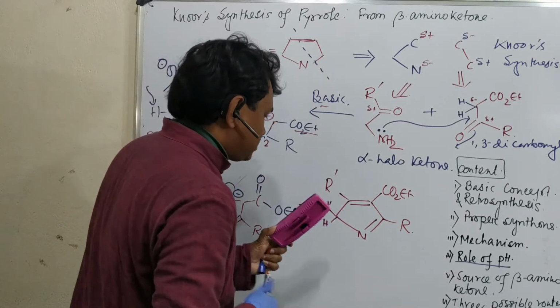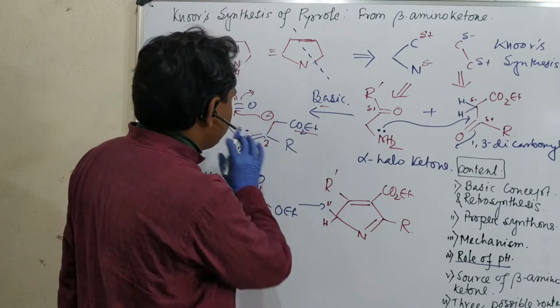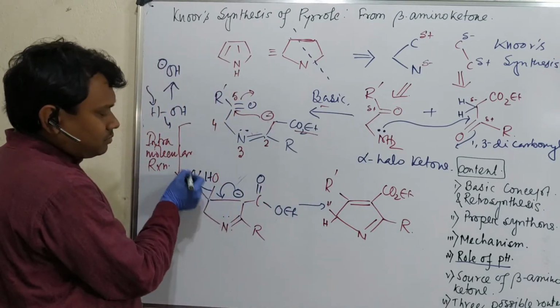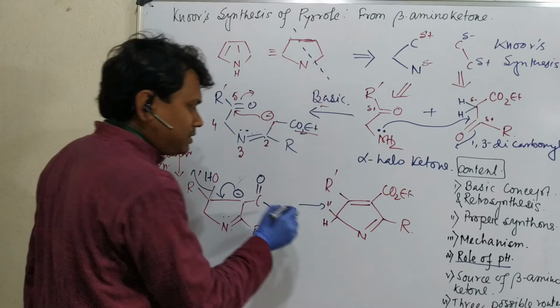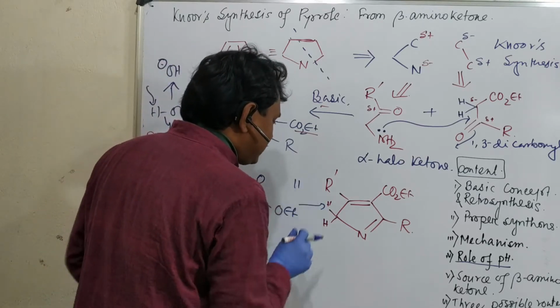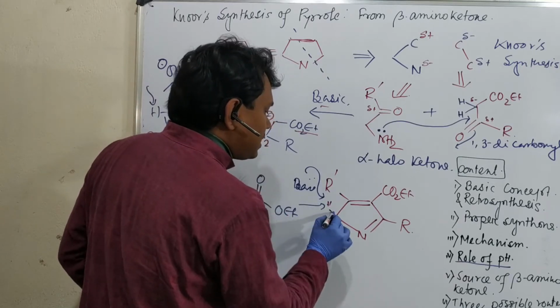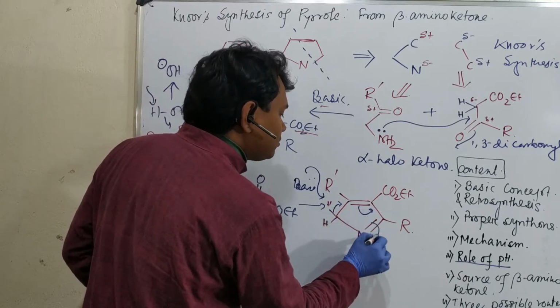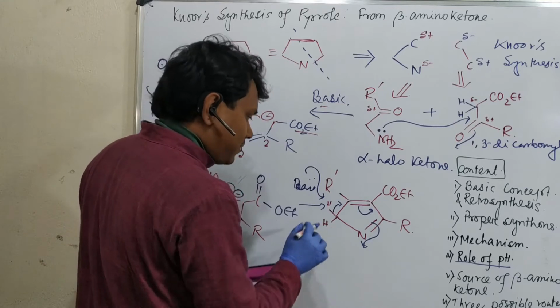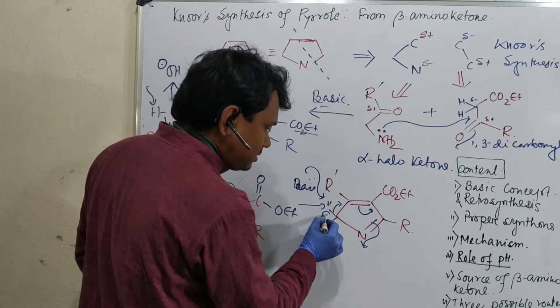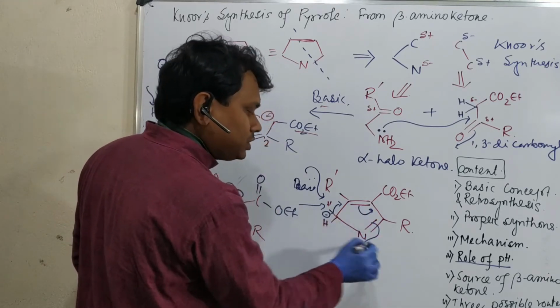This is getting abstracted by a base, as I told, because this attacked and this OH minus left. This is another base in the medium. So that base can attack. It will come. Means first a base will be generated here. Then this minus will be delocalized.